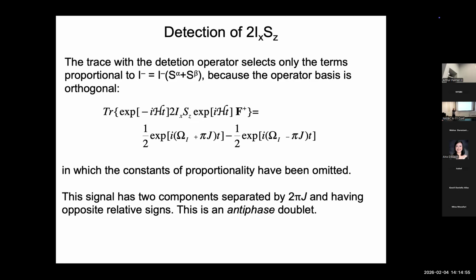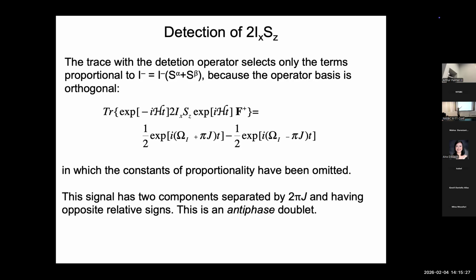If I happen to decouple, I'm going to get 0 because those two are going to be on top of each other. This requires that there is a J coupling, by the way. If there was no J coupling, then I'm going to continue just to have this operator, and that will give no signal at all, because it's going to be orthogonal to the detection operator.